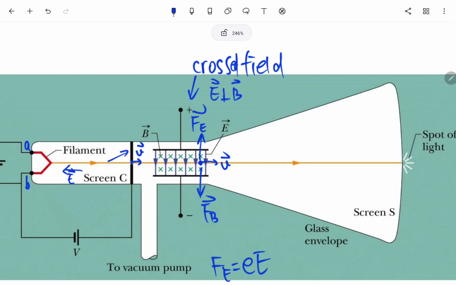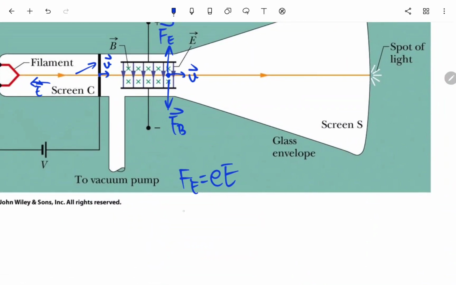In this case, FB should be equal to qvB. q is actually e, and then we have v, and then we have B, and then sine of 90 degrees will be 1. V and B are perpendicular to each other, so sine of 90 degrees is 1.